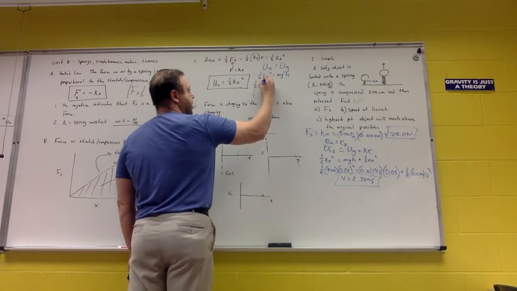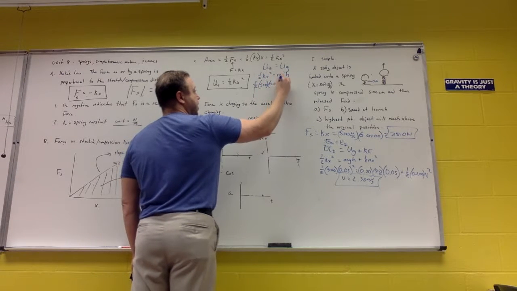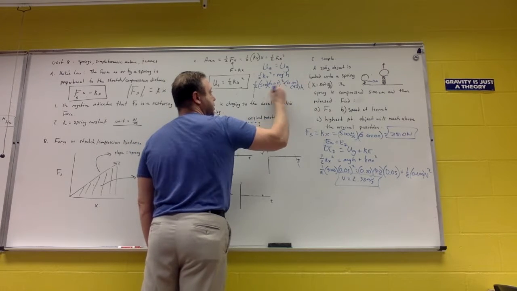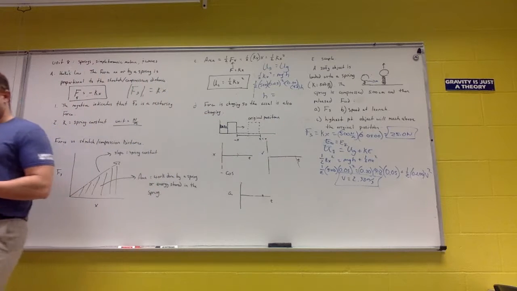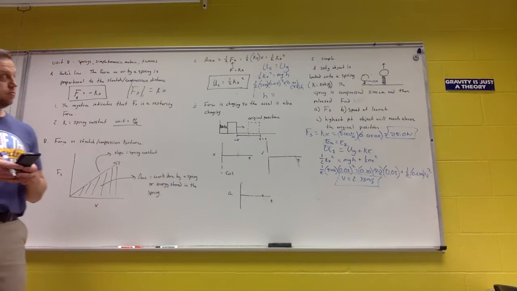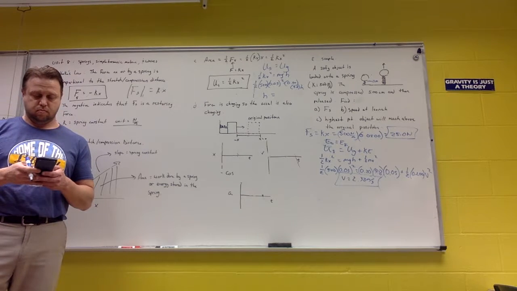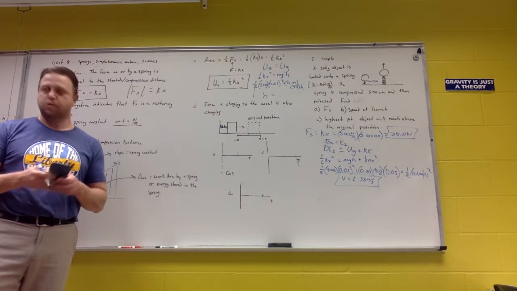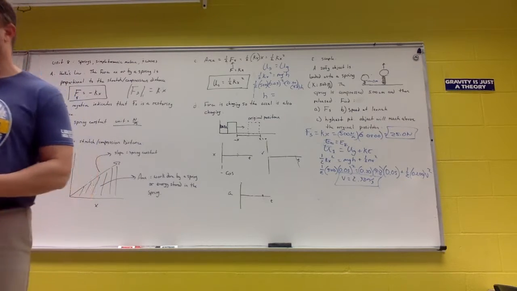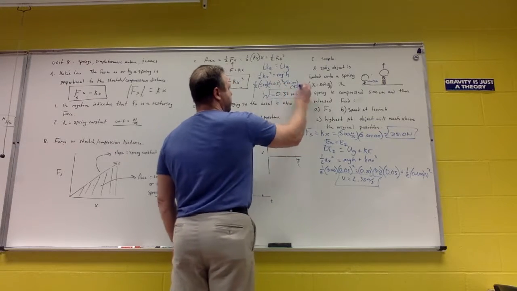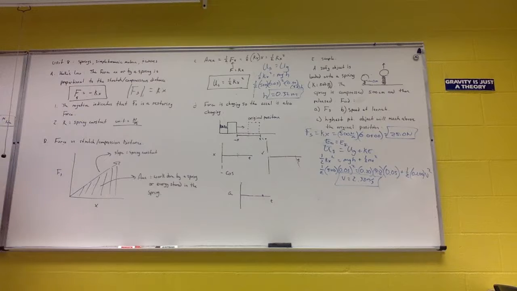So one half times 500 times 0.05 squared equals 0.2 times 9.8 times h. Oops. What do you get? 0.319, is that right? Okay. 0.32 meters, so 32 centimeters. Make sense?